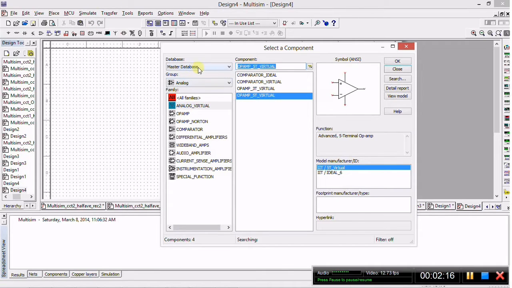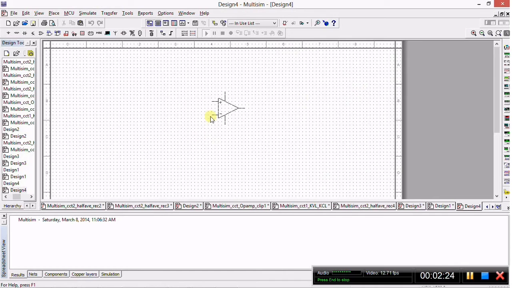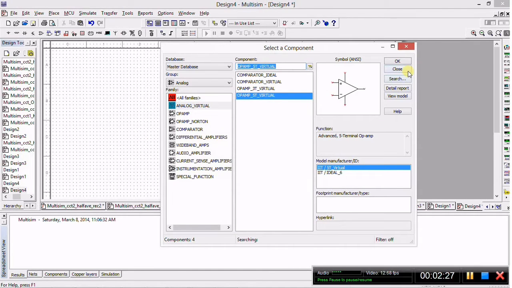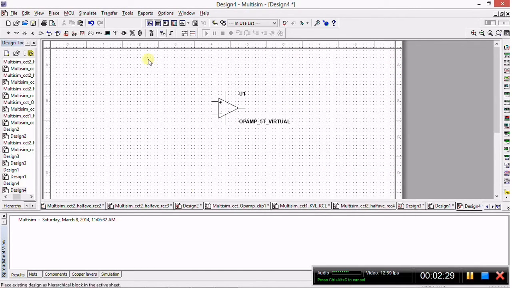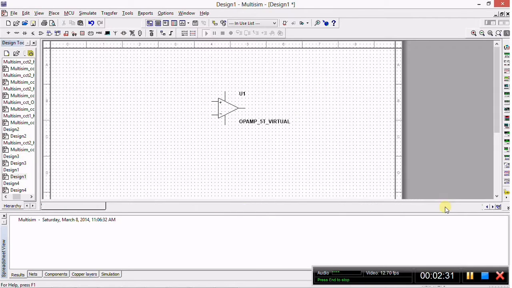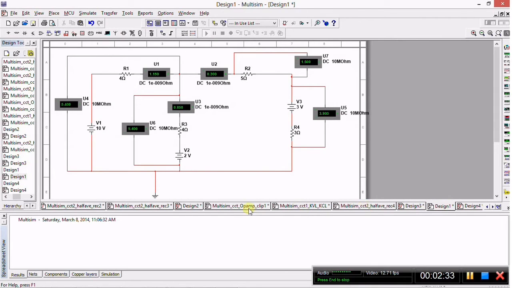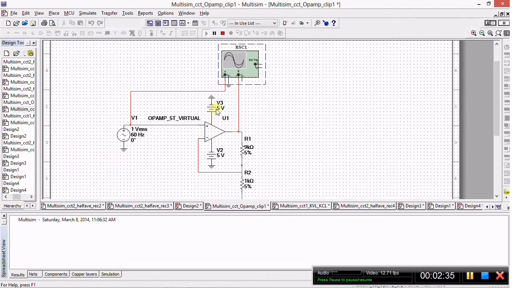In the same master database, in the grouping analog, we'll select analog virtual, use the virtual op amp, and place that ghost image on the board. This is the only new component you need to connect. Other than this, it is just the DC power supplies from power sources, and the voltage source again from power sources.